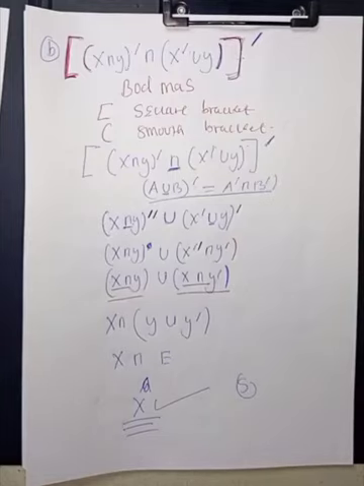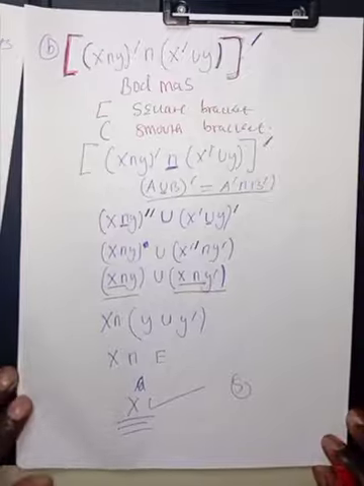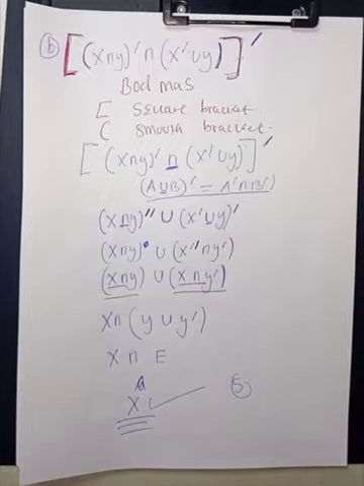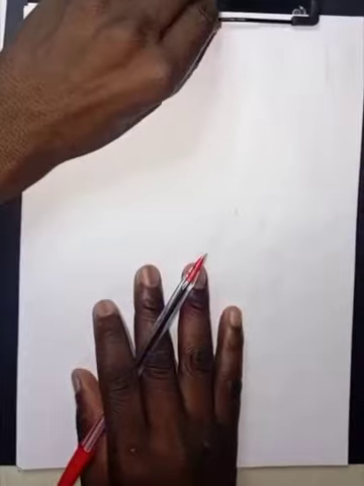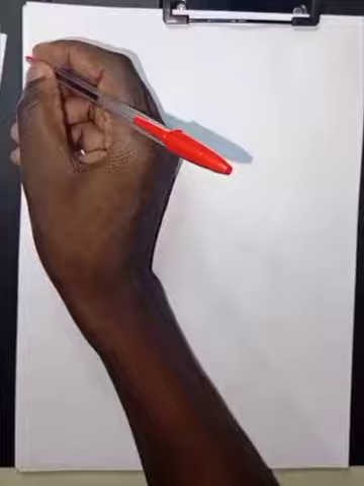Yeah, so let's maybe do one example on these same things. The other question that I want us to go through is this one. Let's check it out. The question is that we need to simplify this set.